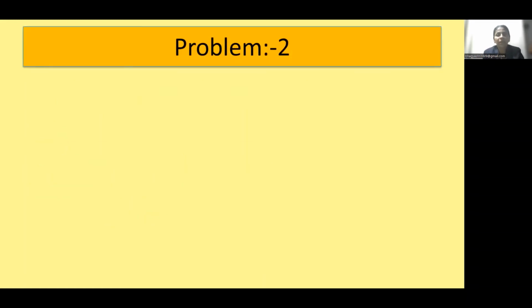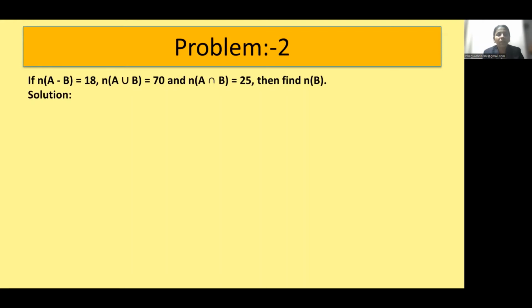बघा नेक्स्ट एक्झाम्पल, if n of A minus B is equal to 18, n of A union B is equal to 70 and n of A intersection B is equal to 25, then find n of B. Now here note that n of A minus B means n of A intersection B complement.